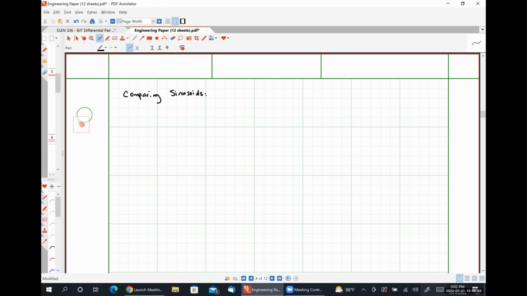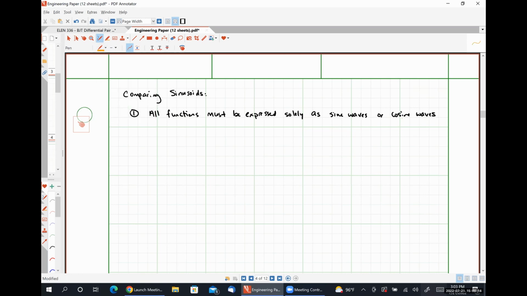Okay. So our first criterion for comparing sinusoids is that all of our functions must be expressed solely or exclusively as sine waves or cosine waves.